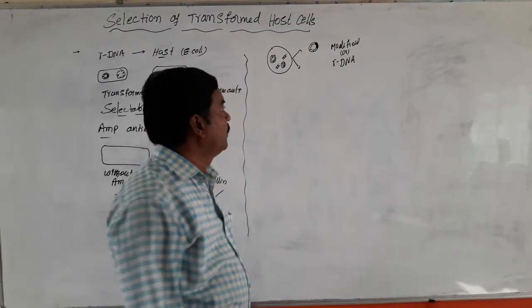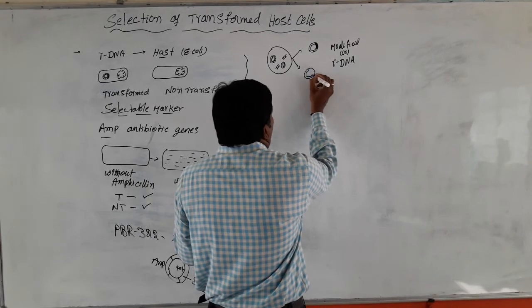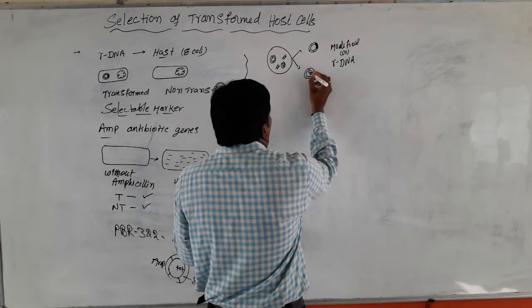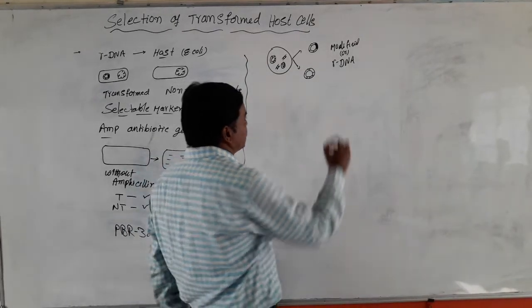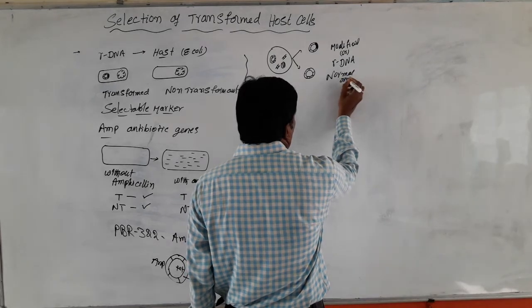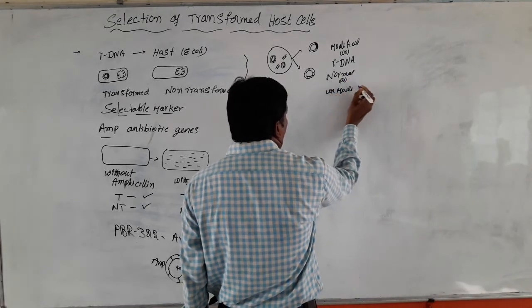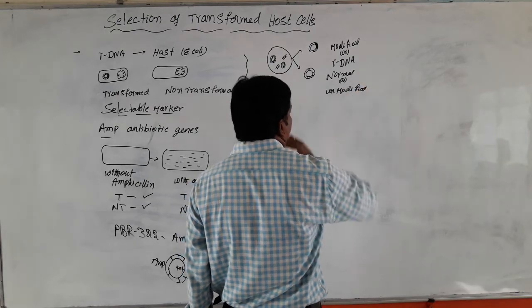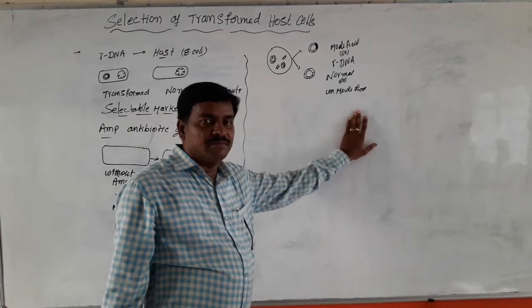Now, some of the plasmids do not take up the desired genes. These plasmids are called normal, also called unmodified plasmids. Okay, normal or unmodified.